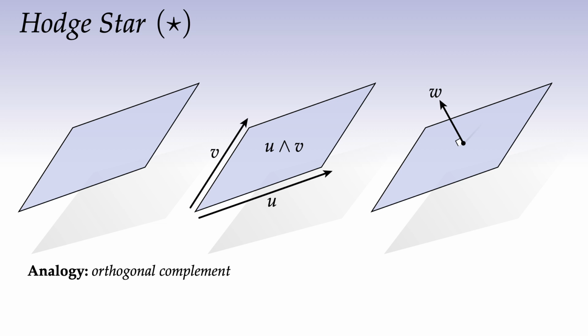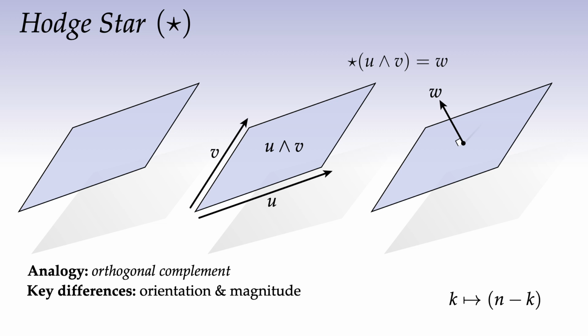Right? They encode the same little parallelogram. So star of u wedge v is equal to w. Just like the orthogonal complement, that means the Hodge star is always taking a k-dimensional thing and giving us an n minus k-dimensional thing, with, again, the important distinction that we now have a notion of orientation and magnitude that we didn't have with the orthogonal complement.